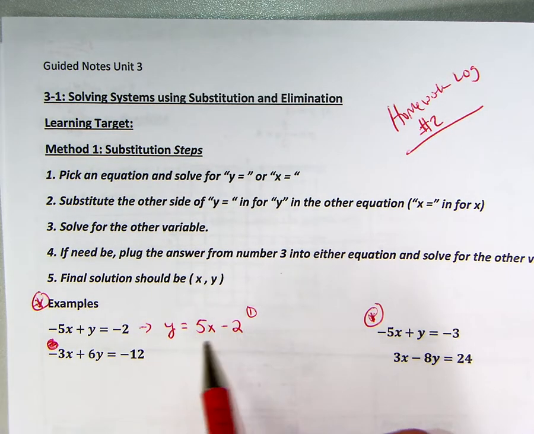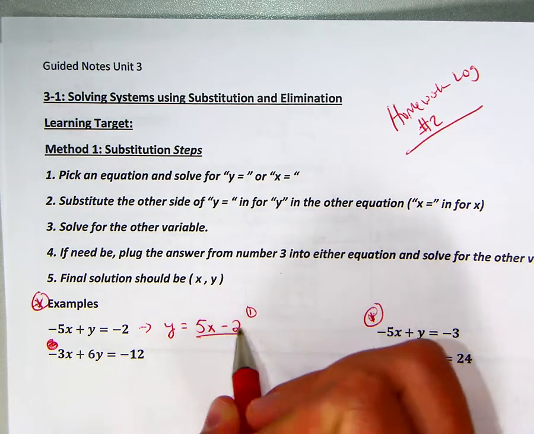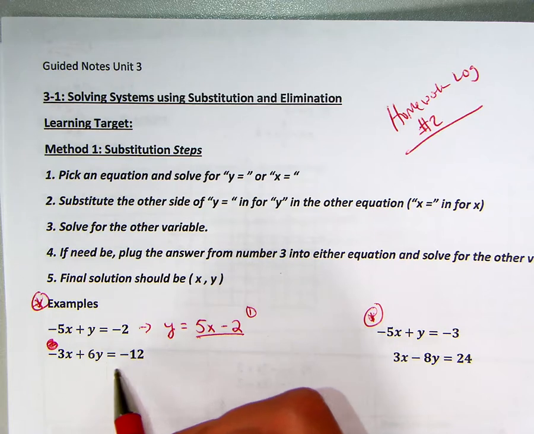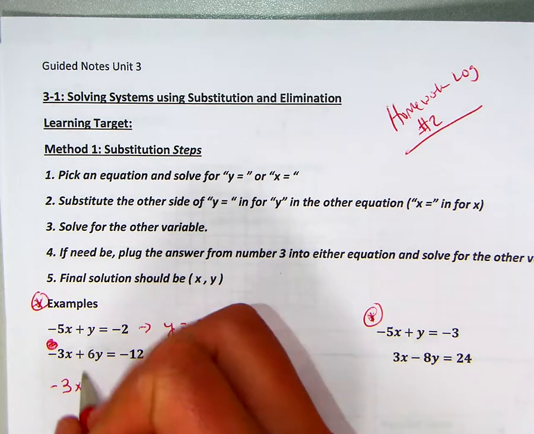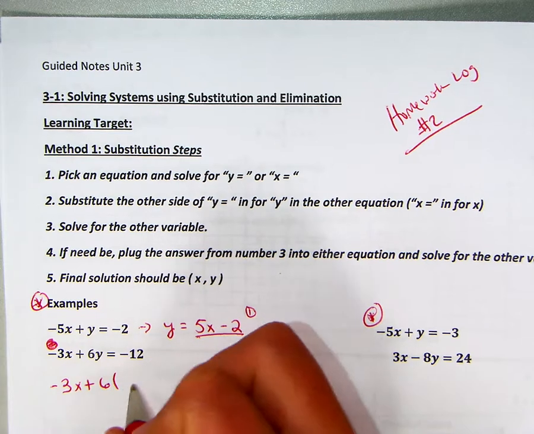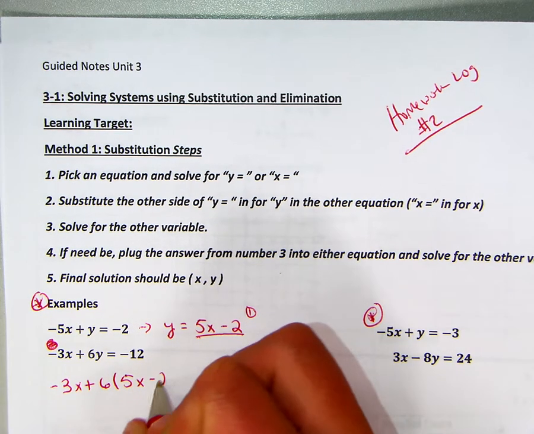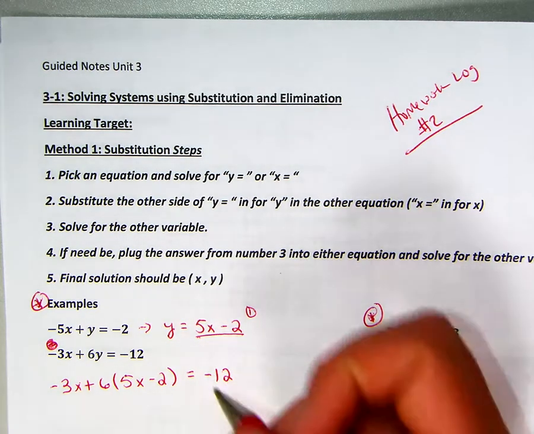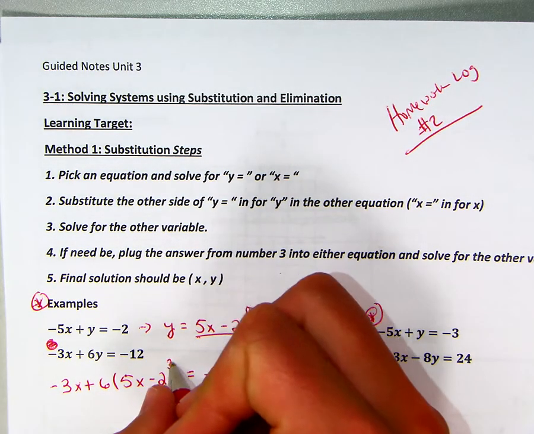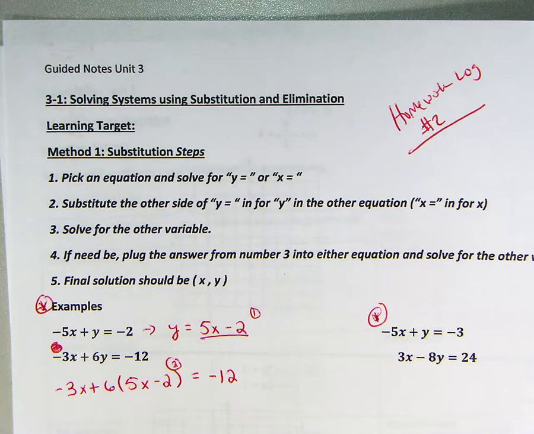So that's this 5x minus 2 being substituted in for y here. So we have negative 3x plus 6 times 5x minus 2 equals negative 12. Here's step 2. I'm just going to number the steps for you.